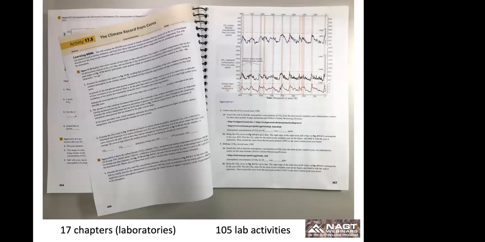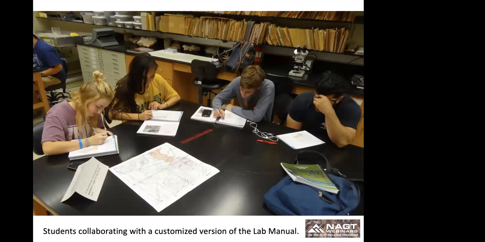Each of the 17 lab chapters in the 12th edition has at least 4 different activities, and most labs have at least 6 activities. Overall, there are 105 lab activities in the lab manual. I usually assign 4 or 5 activities per 2-hour lab session, and frequently assign lab activities as homework in the lecture section of my course.